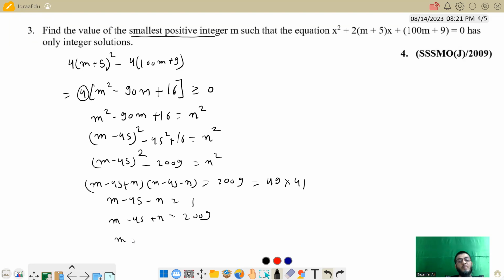The possible values of m are, if I add this 2009, 1050. The other possible values will come out to be 90, minus 960 and 0. Now it's asking smallest. 0 is not smallest because the question says smallest positive integer. So the value of m will be 90.